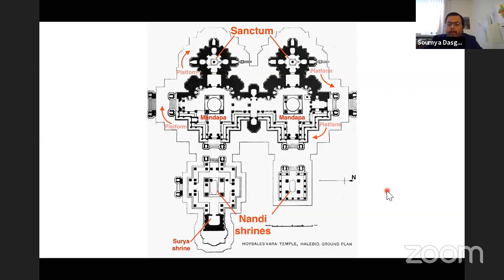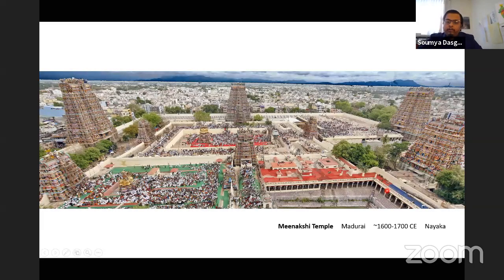Okay. And of course, no discussion of the South Indian temples can be complete without looking at the great, the fantabulous, I guess, really the most remarkable of all, the Meenakshi temple. It's a huge temple, and it's still being used for worship.